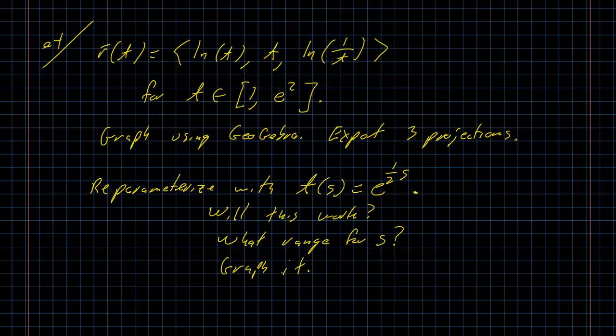I want you to tell me, based on what you know about the exponential function and what I just said about reparameterizations, will this reparameterization work? If it will work, what range do we need to use for S in order to get us where we need to be? And then graph that to see that the graph actually is the same thing.